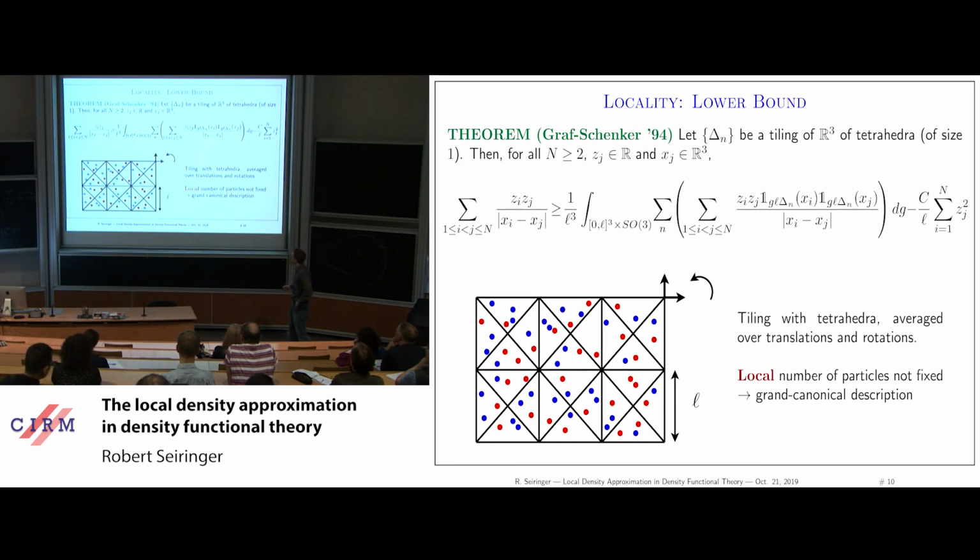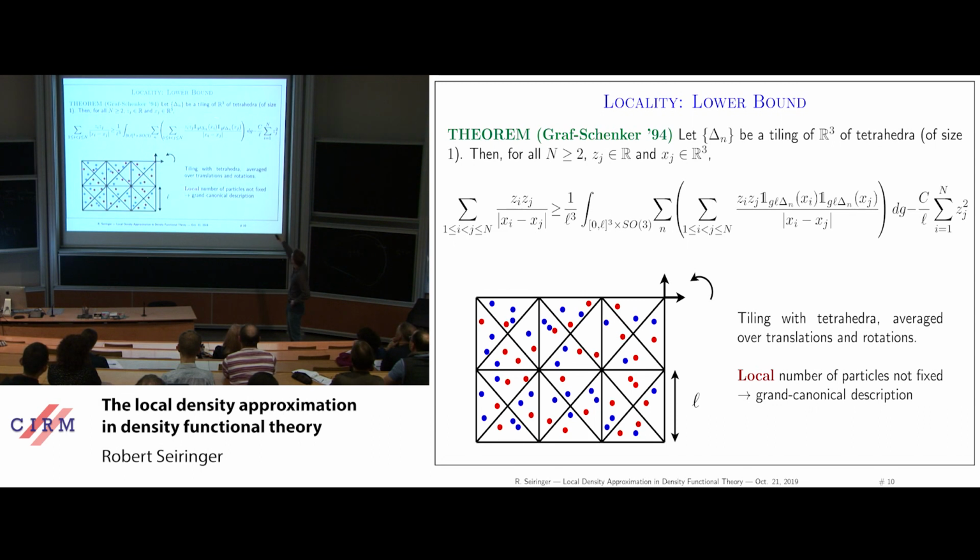And the inequality says now the following: you evaluate the same quantity, but only inside one of the tiles. Think of this triangle here. You just evaluate the Coulomb energy for these three charges in there. So there's repulsion between the two blue ones, and there's an attraction between the red and this blue and the red and that blue. So there will be three terms.